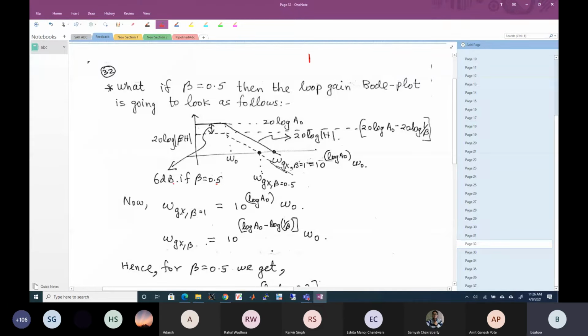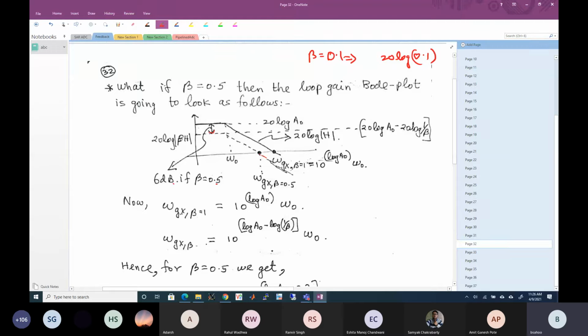If beta equal to 1, it is going to drop down by, suppose, 0.1, so it is going to be 20 log of 0.1. So this height is going to be minus 20 dB. Okay, so the loop gain plot for beta equal to 0.5 is this. So there will be exactly 6 dB difference between them.